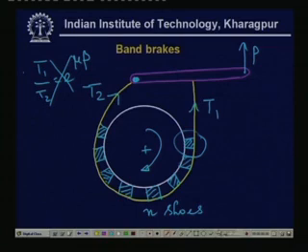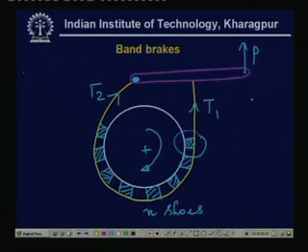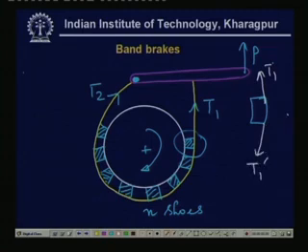So, let me now draw the free body diagram of one such block. This is that block, we have T 1 here, and this is T 1 prime, let us say, which is different from T 1.